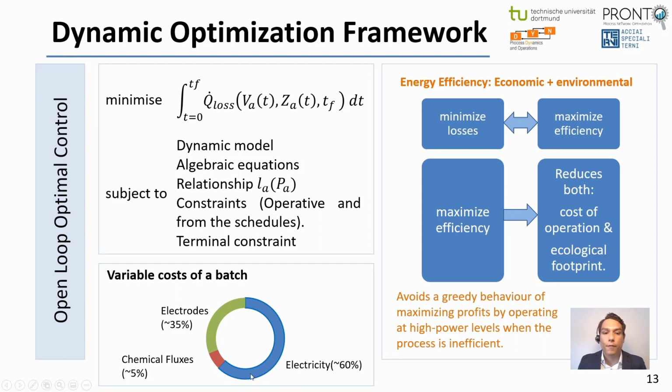Therefore, this part of the variable cost will be reduced. And also, by minimizing the losses, the energy that arrives to the electrode is reduced. Therefore, the electrode consumption is reduced. And from this point of view, this component of the variable cost will also be reduced. And this is how, with one single objective function, we can tackle both environmental impact and improving the economics of the plant.